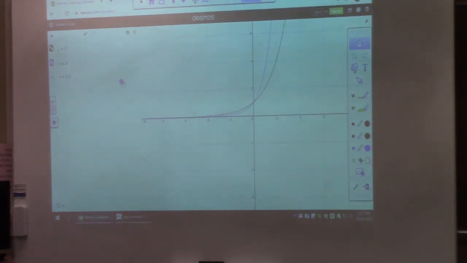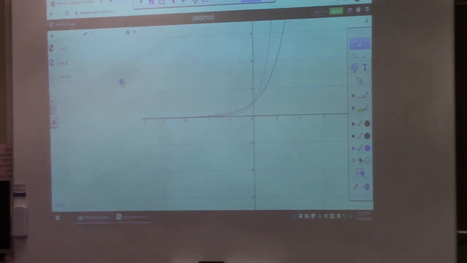Or you've got things like this, y equals a to the x. Well, I'm going to write it in the other color because you can't see that stupid thing. y equals a to the x, where a is less than 1. That's the blue one.